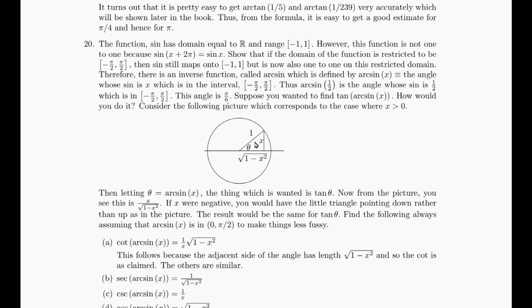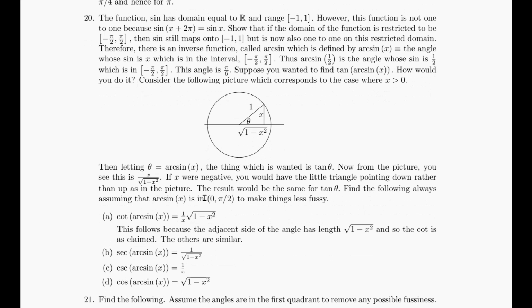And it could be in here, if x was negative, see. So I let theta equal arcsine of x. The thing that is wanted is the tangent of theta, I mean. Well, this length from here to here is square root of 1 minus x squared. And so if I look at the tangent of theta, it's x divided by that.